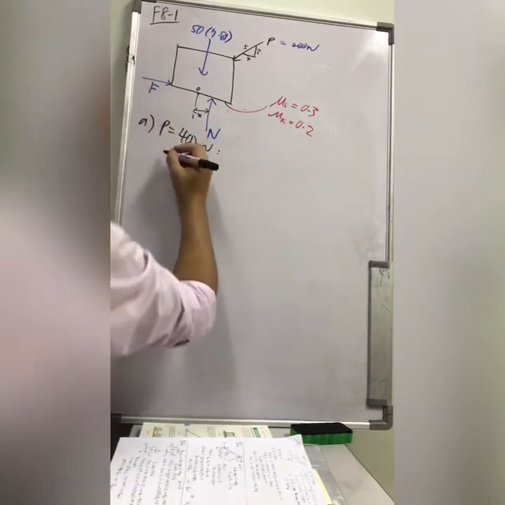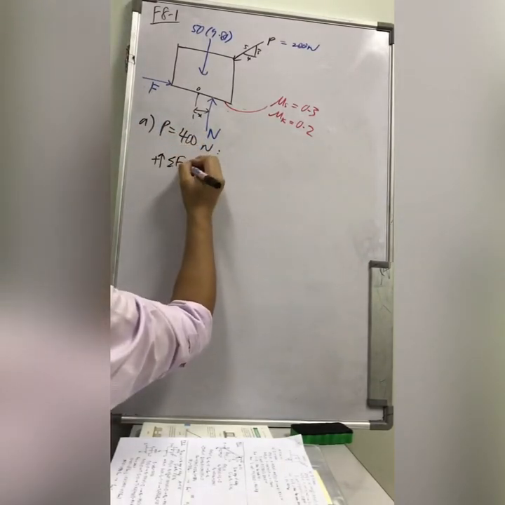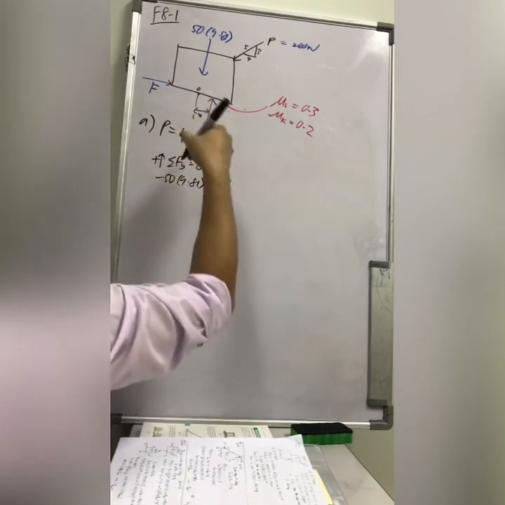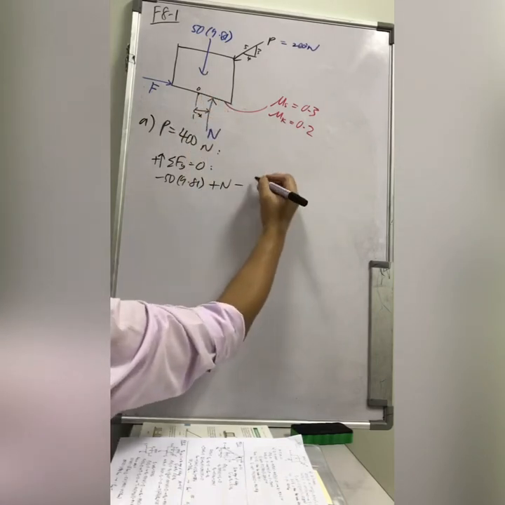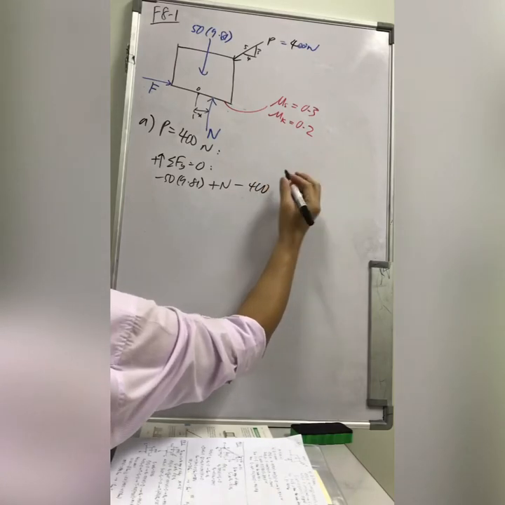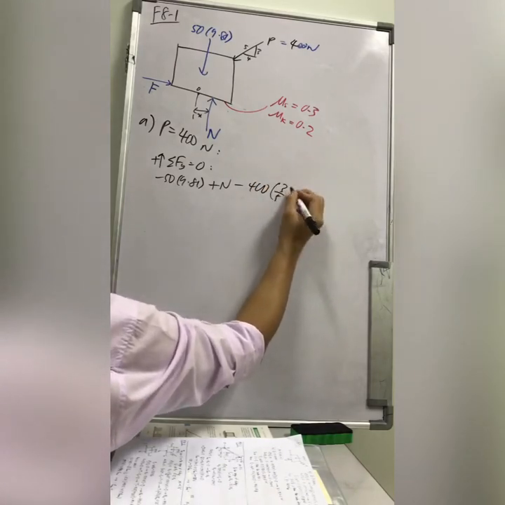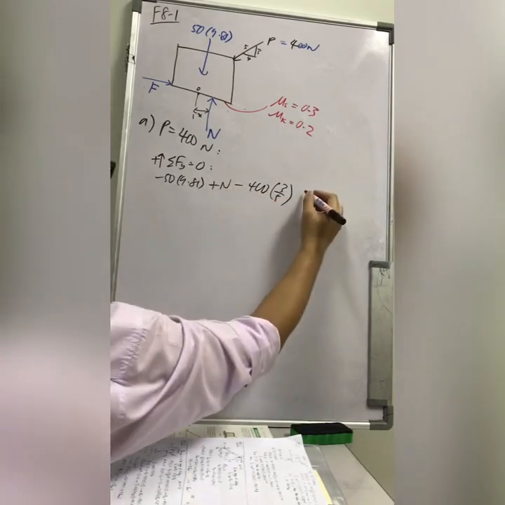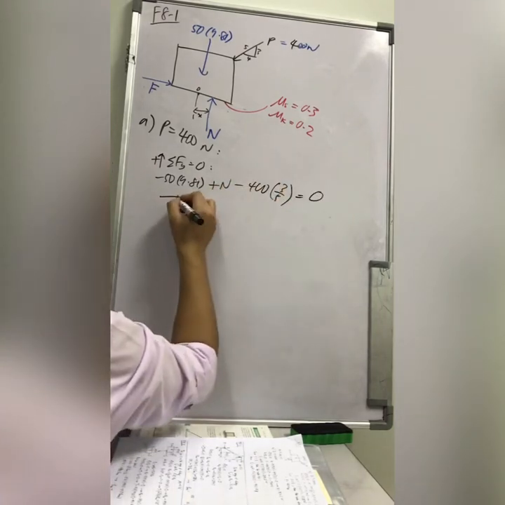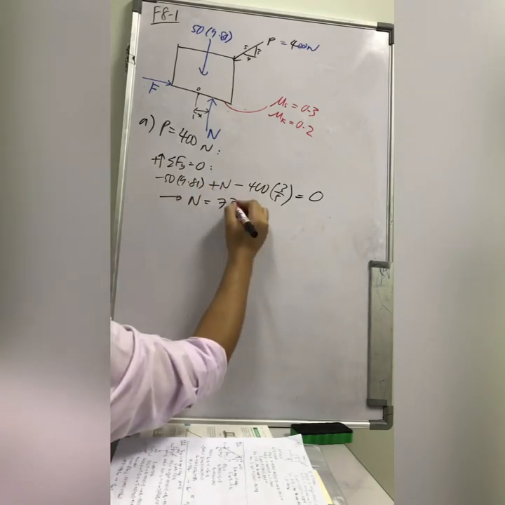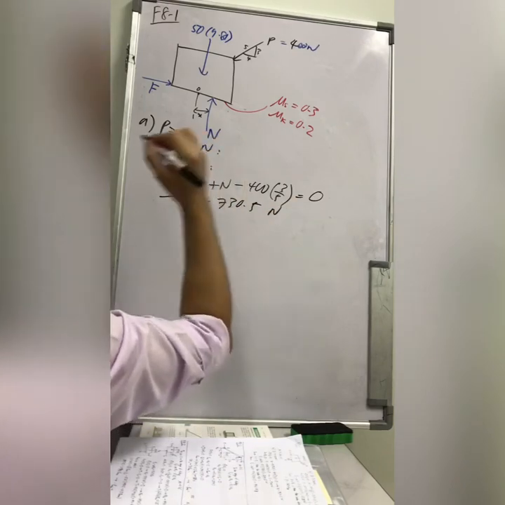You do ΣFy equals 0: minus 50 times 9.81, which is the weight, plus N, the normal force going up, and minus 400 times 3/5, and because it's in equilibrium, it is equal to 0. So your normal force in this case is bigger, which is 730.5 Newton.